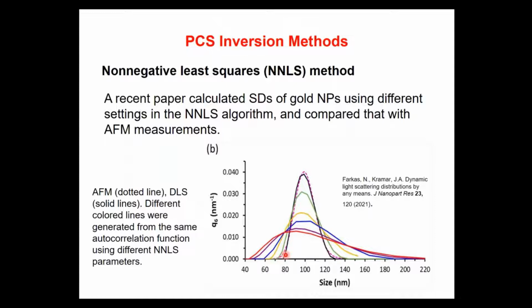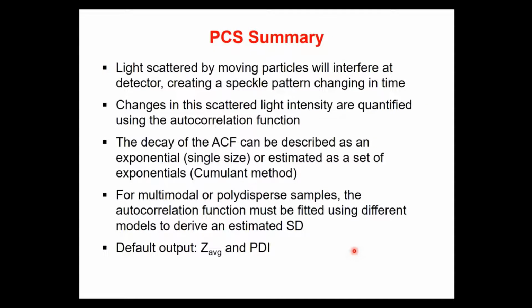So the bottom line is that your first answer from a non-negative least squares may require some additional information to try to adjust it to the actual circumstances, the actual condition of your sample.